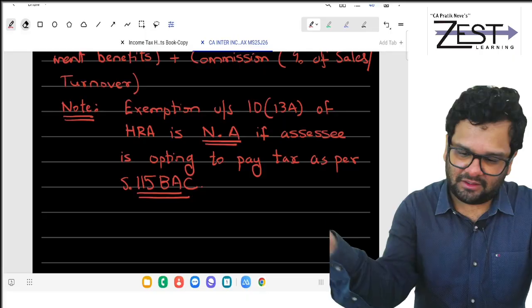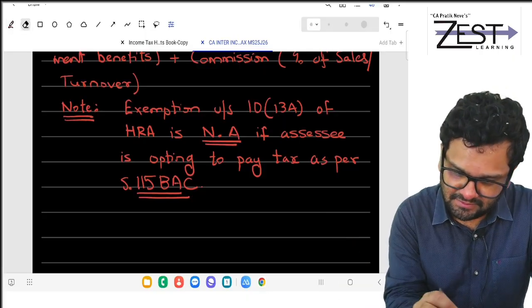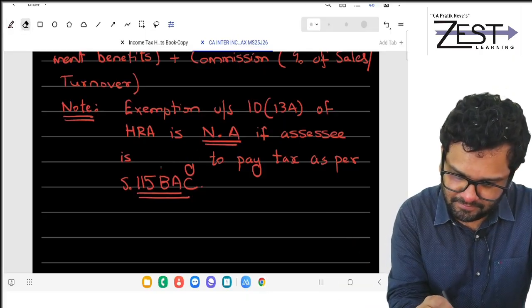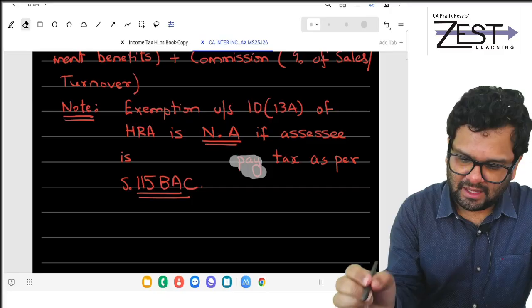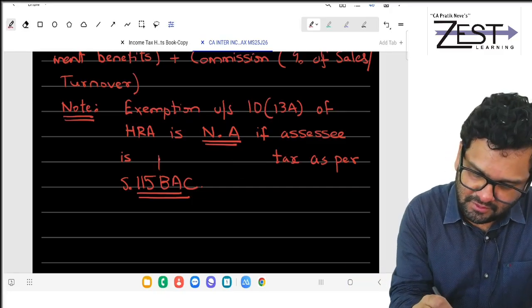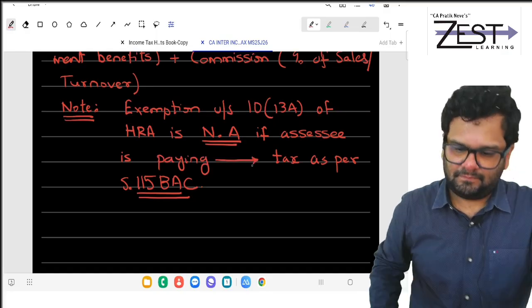I should not say opting, I should say if the assessee is paying tax as per section 115BAC. Clear?